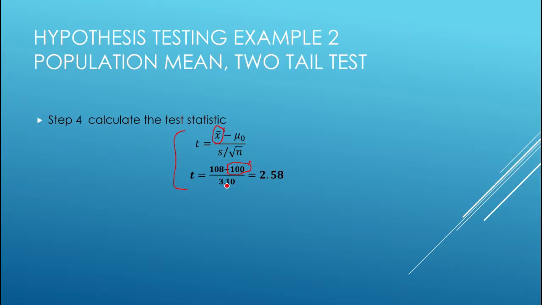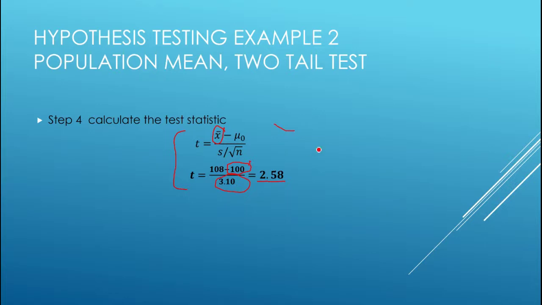So we have the difference between 108 and 100, and the question is whether that difference is big enough to reject the null, using the sample evidence that the population mean is equal to 100. We have to express that in terms of standard deviations, of course, by dividing by the standard error of the estimate. So we still have 2.58 as the value of our test statistic.